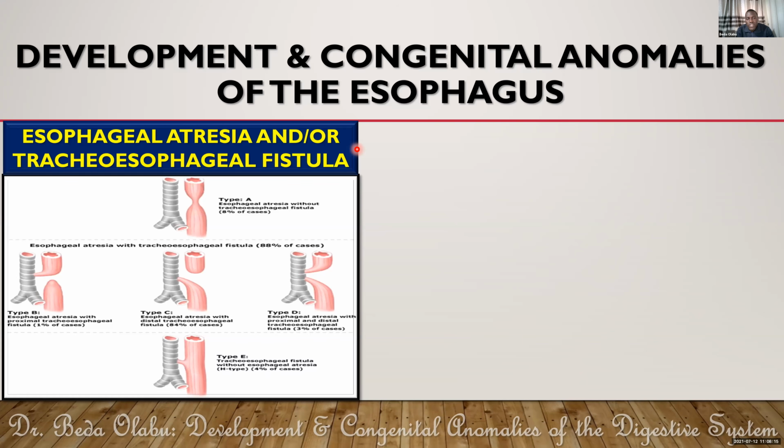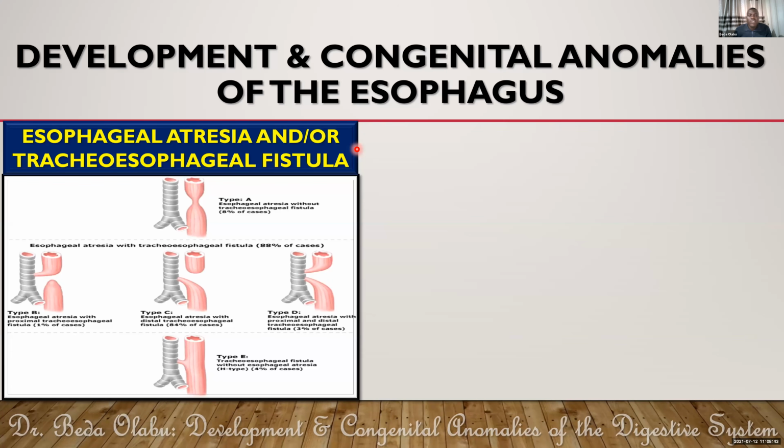The term given to blockage of the esophagus is esophageal atresia. The term given to the abnormal communication between the trachea and the esophagus is tracheoesophageal fistula. Because they tend to occur as one entity, we give them that complex name, although in practice, we just call them tracheoesophageal fistula.